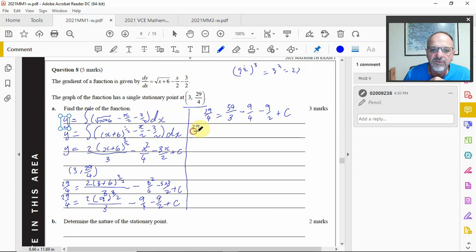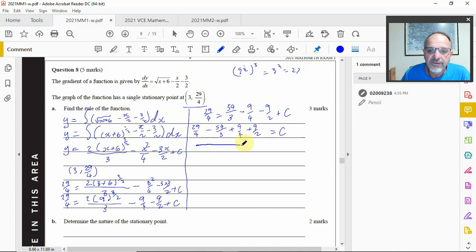So I've got 29/4 minus 54/3 plus 9/4 plus 9 on 2, and that's all equal to c. And as I said, nice of them, because the common denominator for each is 12.